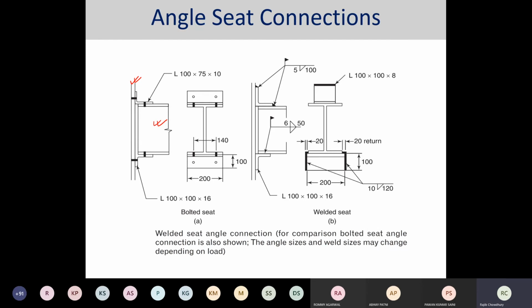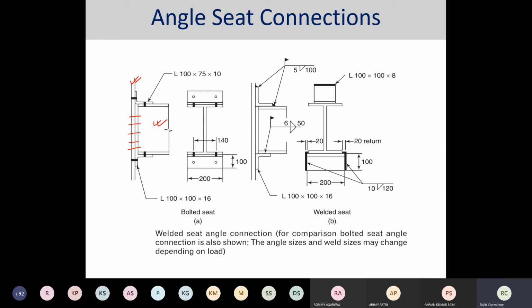How can we make the connection? We can make the connection through the bolted connection, through the in-plane connection or through the out-of-plane connection. On the flange itself, we generally provide certain bolts.